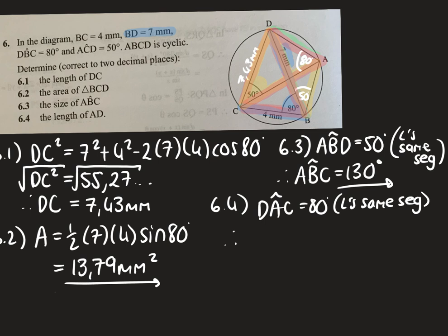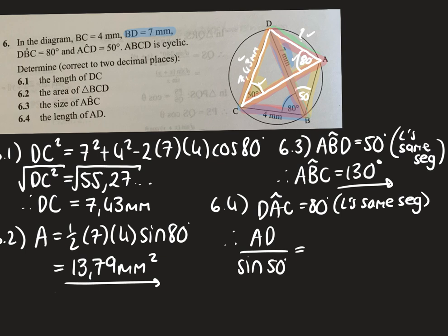Therefore, now we can use sine rule, because if we're looking at this triangle, we have enough information. We've got an angle, and we've got the side we're looking for. So we can use sine rule here, guys. AD over sine of 50 equals 7,43 over sine of 80.